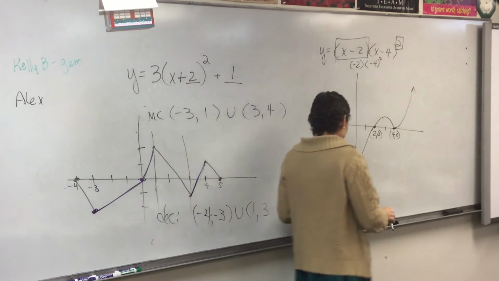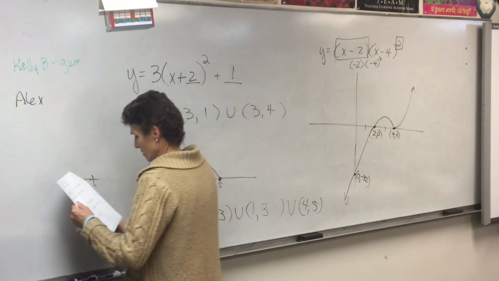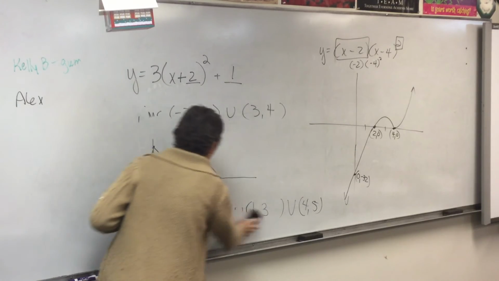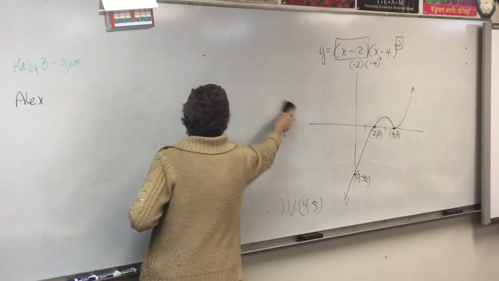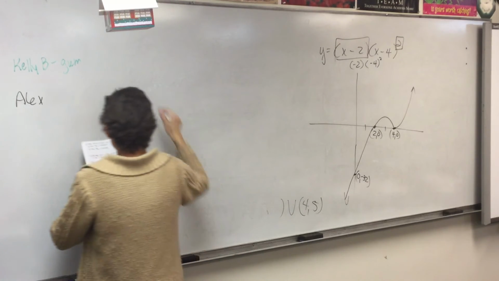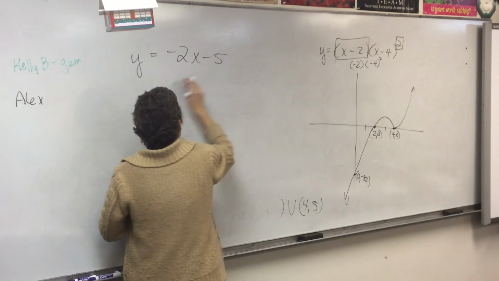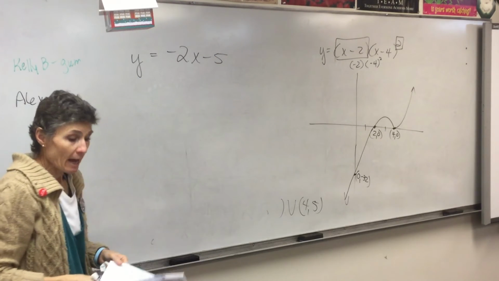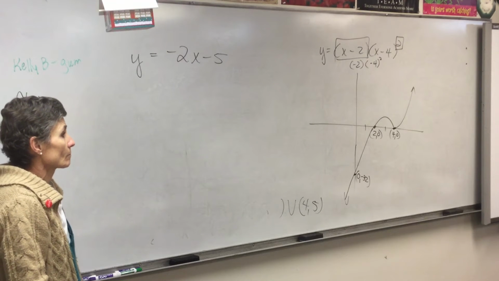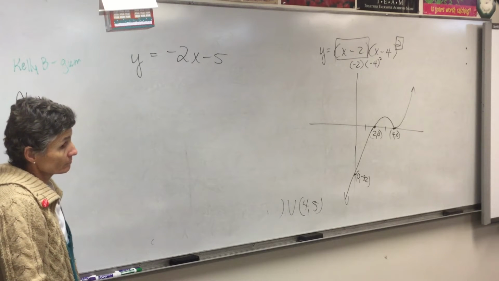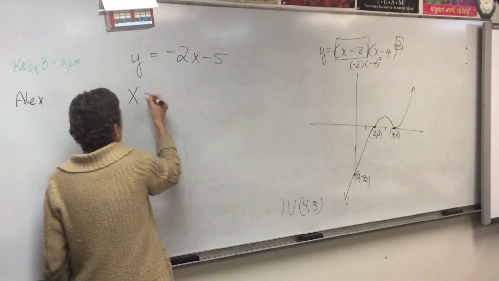All right. Find the inverse. Let's finish this page and then you can go to lunch. Let's find the inverse of this problem. Now, how do we find the inverse? No one remembers that we switch the variables?